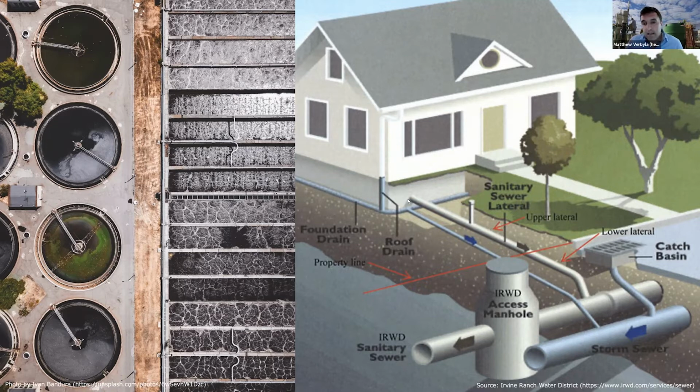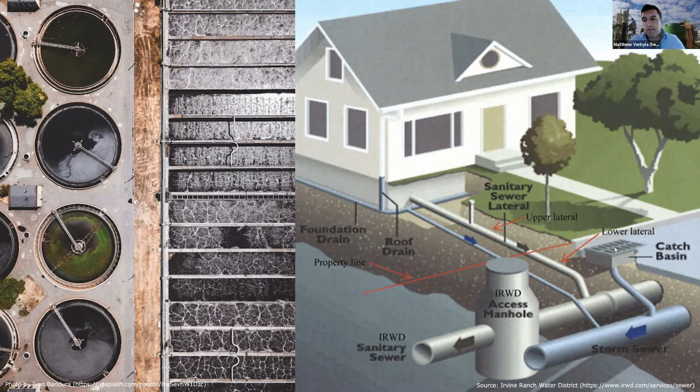If you live in a city in the US, most likely your wastewater gets collected into a pipe that conveys it to a centralized pipe in the street, and that wastewater is conveyed to a treatment plant, which might look something like this, where aeration and settling processes are used to biologically treat the wastewater and produce cleaner effluent that can be further treated or discharged for reuse.